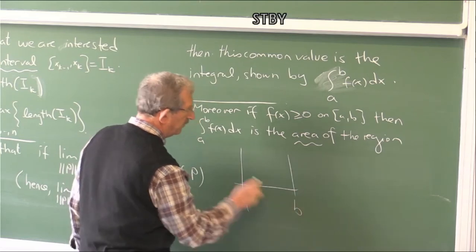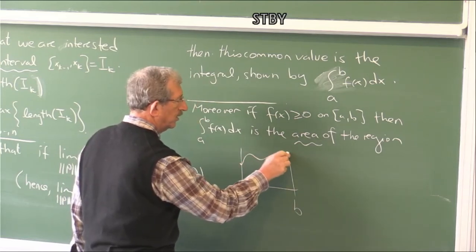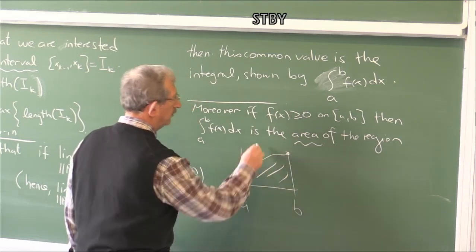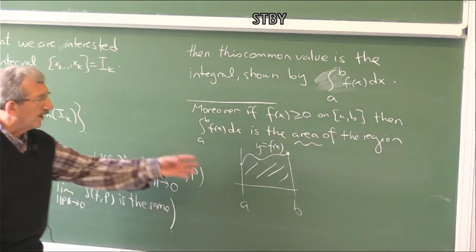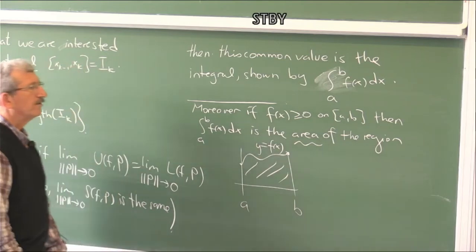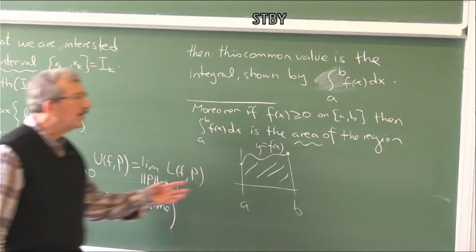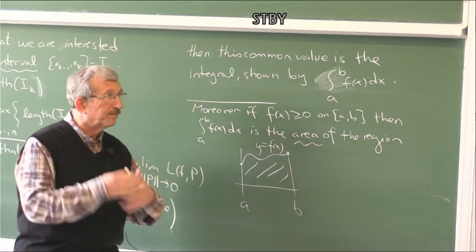These are all familiar things, of course, given by this. Because f is positive, this was the area of this region. Actually, you could take this as a definition here.